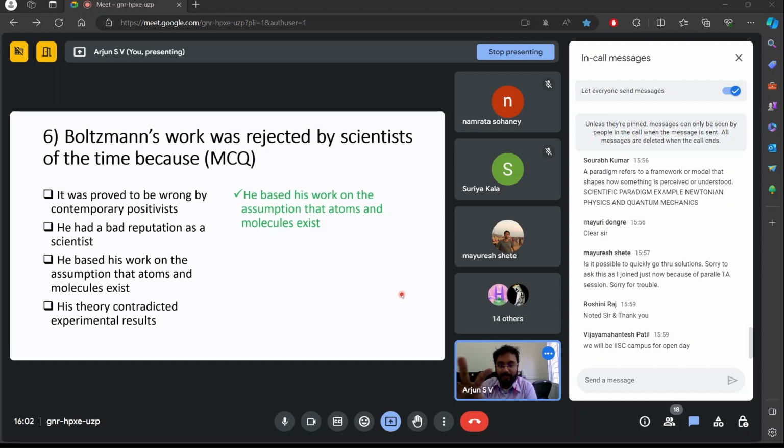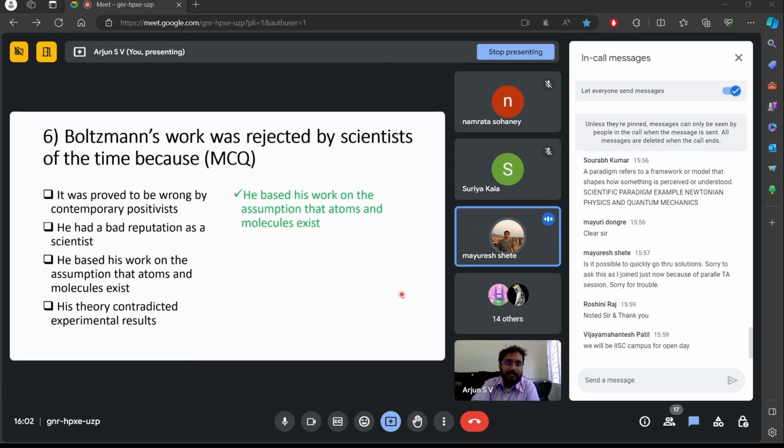Majorly, positivists were on the committee for major journals, and they rejected his work because they said these don't exist. We believe that atoms and molecules don't exist because we can't observe them. Okay, clear. If it is an MSQ answer, then I would go for one and three.